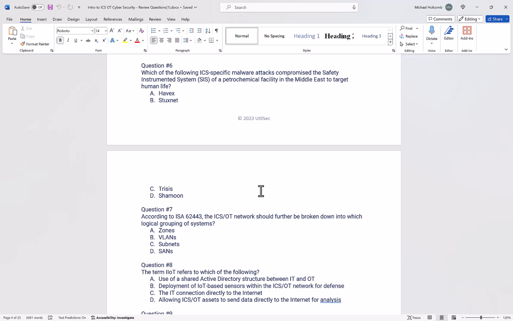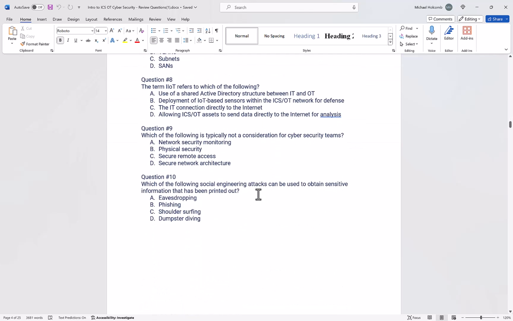Those assets that are communicating with each other often, more than likely, are going to be within the same zone. A lot of times that does happen to map out to different VLANs because of the way it was set up. Not always, but it could. So there are technical differences, but yeah, those are zones according to ISA 62443.